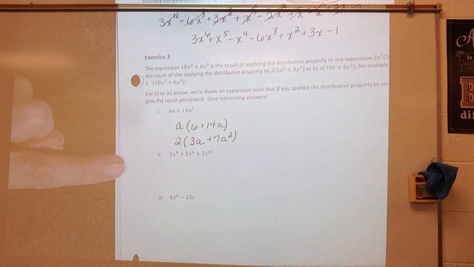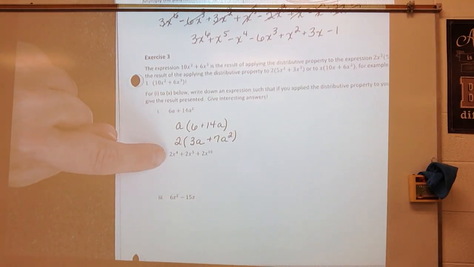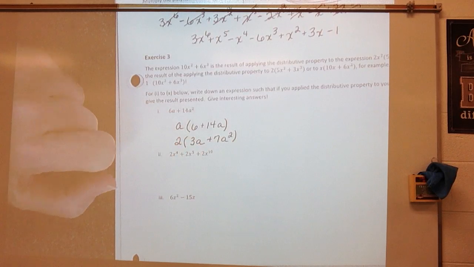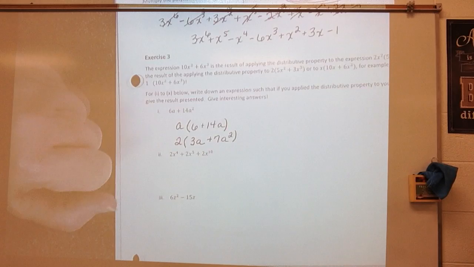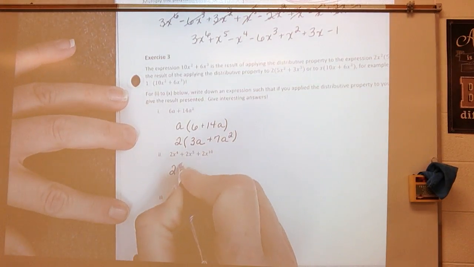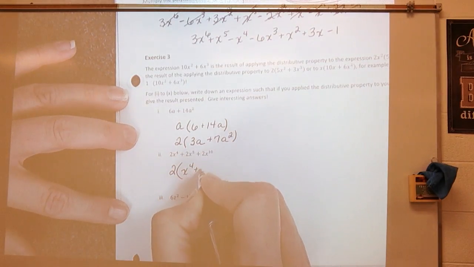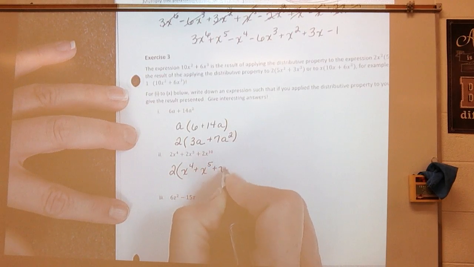Number 2. Guys, I can do it this way. Look, I've got a 2 in common. I've got x to the 4th in common because everything else is bigger than x to the 4th. So I could pull that 2 out and get x to the 4th plus x to the 5th plus x to the 10th.